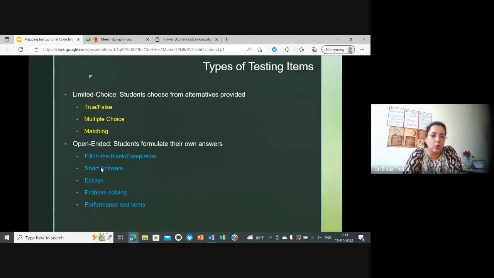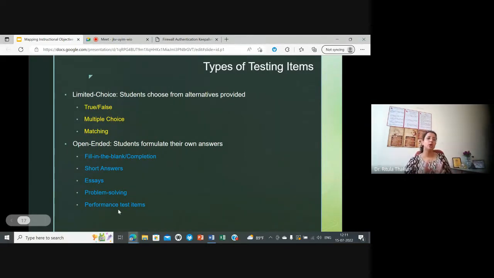Similarly, match the following. So they have defined limited choice. However, in the open-ended, the students formulate their own answer. For example, fill in the blanks, short answers, essays, problem solving, performance test items. So while preparing your question paper, you have to make a blend of limited choice and open-ended.